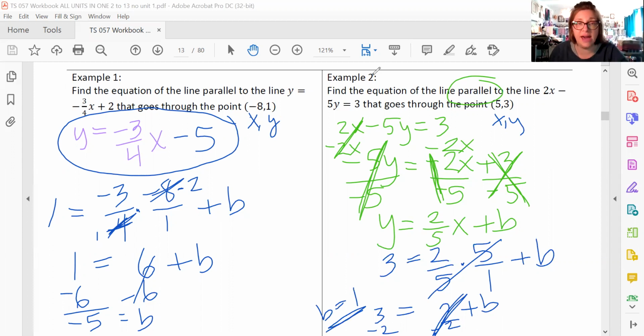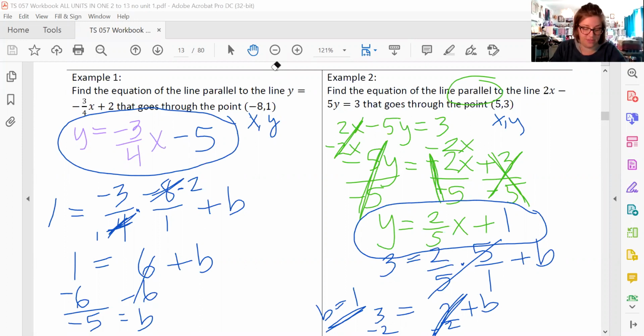So I can come back to this equation right up here, and I can put in the 1 that I now know is the spot where this parallel line crosses the y-axis. So after all of that, I've figured out these two parallel lines.